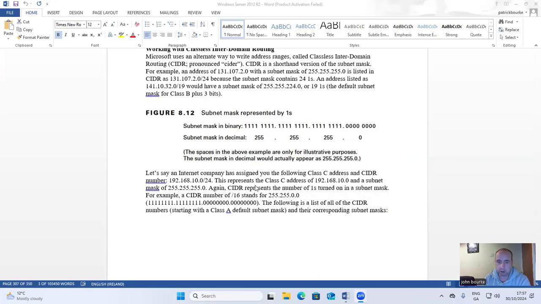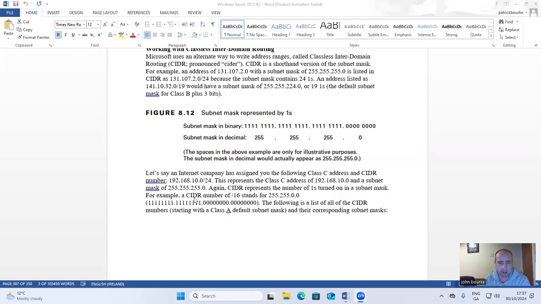Let's say an internet company has assigned you the following Class C address and CIDR number: 192.168.10.0/24. This represents the Class C address of 192.168.10.0 and a subnet mask of 255.255.255.0. Again, CIDR represents the number of ones in a subnet mask.